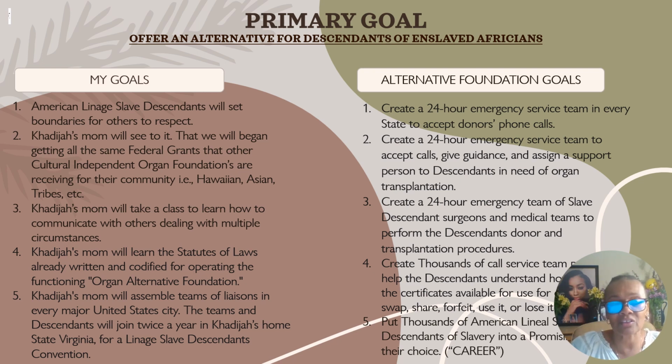If there's a family that has a family member in the hospital from a serious accident or anything, then a team of slave descendants will get up in the middle of the night and go be with those people. Go be by their side.